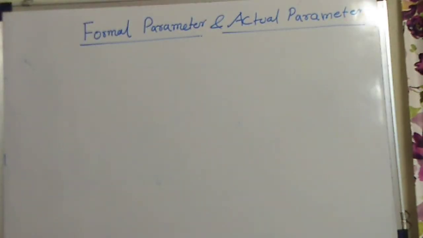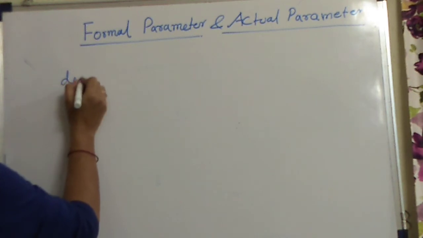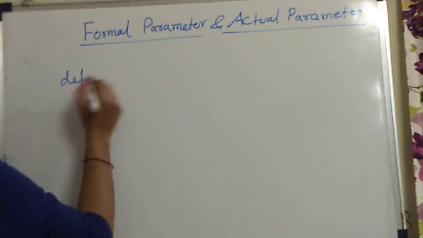Okay students, directly or indirectly, if you are working with the function, you are familiar with actual parameter and formal parameter, right? Let us define one function, what you have used in previous examples.